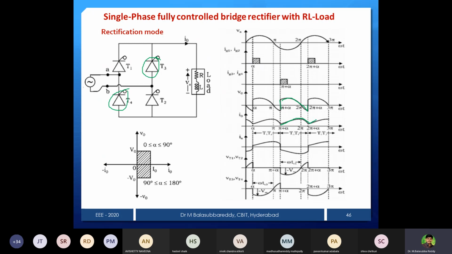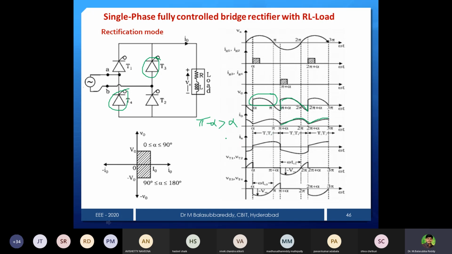Again at 2 pi plus alpha it is rising. So like this, we can see the voltage and current waveforms, it is a continuous mode. If we take the average, the average is positive. It is quite simple by seeing the waveform: the pi minus alpha instant is greater than the alpha instant, so obviously it will give more positive.